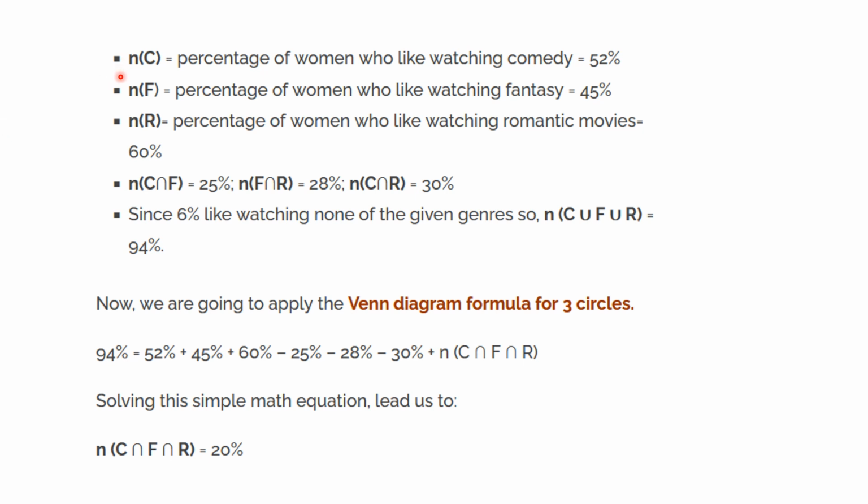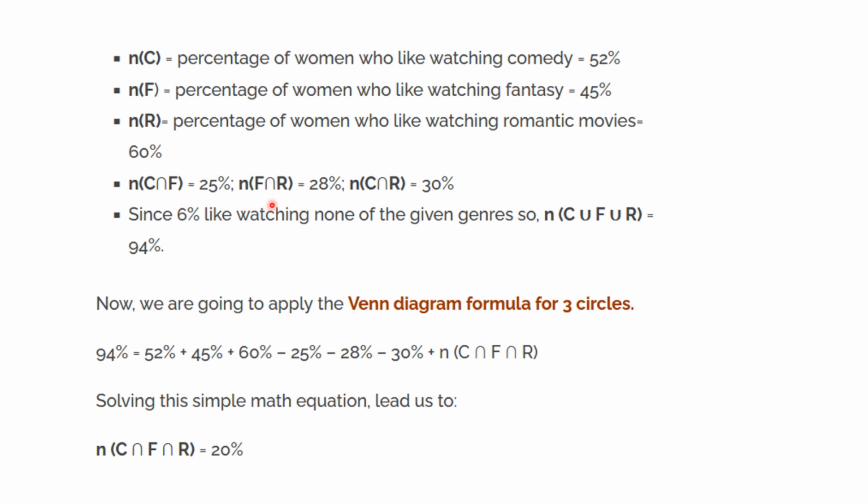And let's introduce some notation. So the number that liked watching comedy was 52%. That's the percentage. The percentage of women who liked watching fantasy was 45%. The number who liked watching romantic movies was 60%. Now, these are percentages, and the number that are in C and F, that is comedy and fantasy, was 25%.